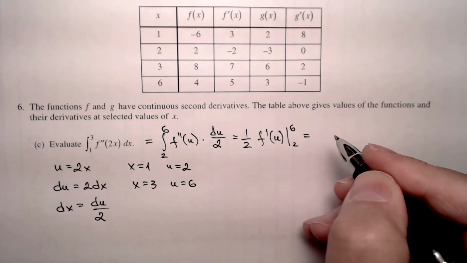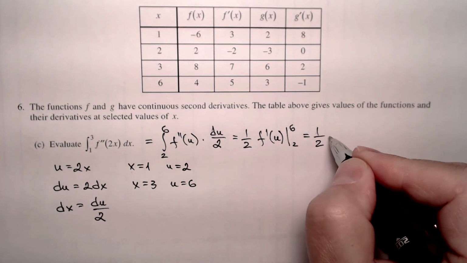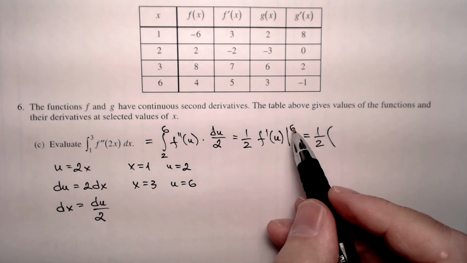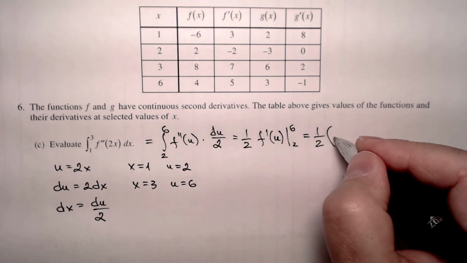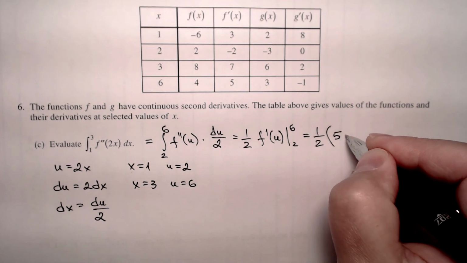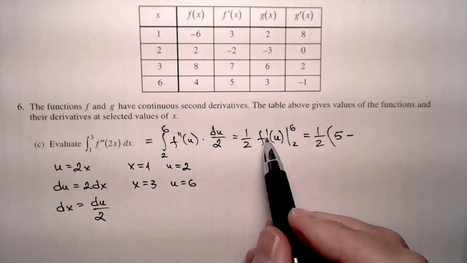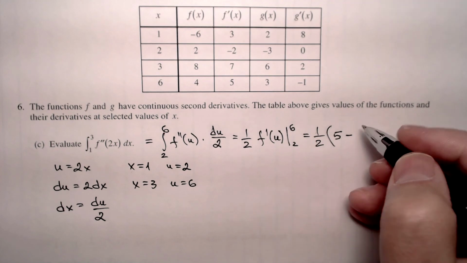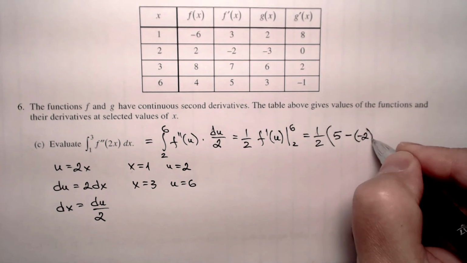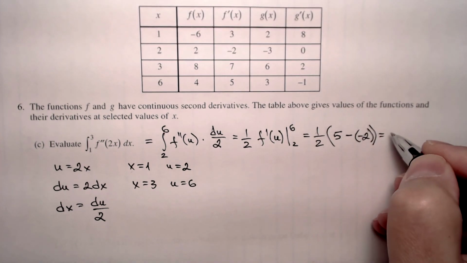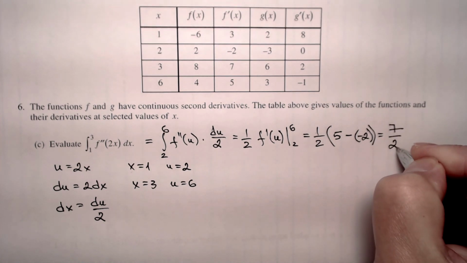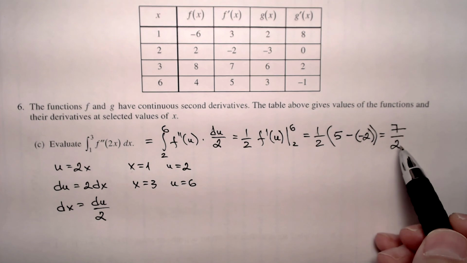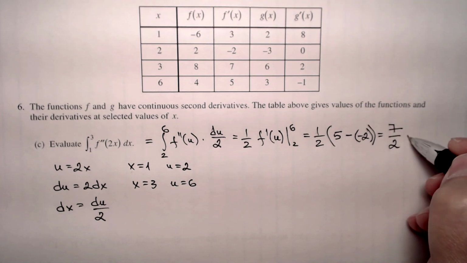And so this is equal to 1/2 times f prime at 6, which is equal to 5, minus f prime at 2, which is -2, so minus -2. And so 5 plus 2 is 7, 7 over 2. So this integral is equal to 7 over 2. And this is our final answer.